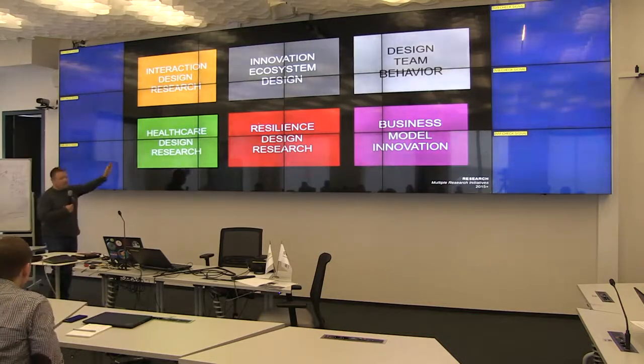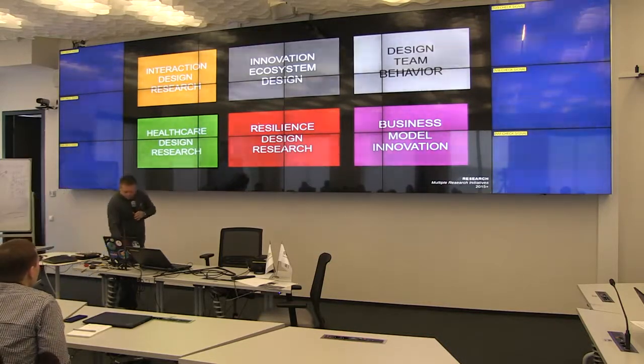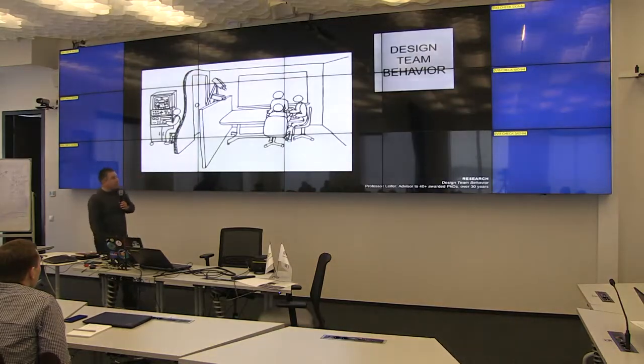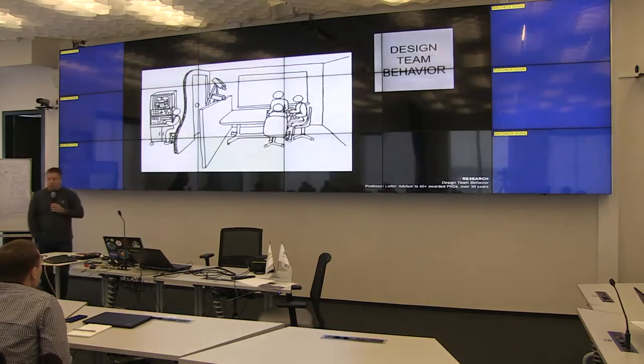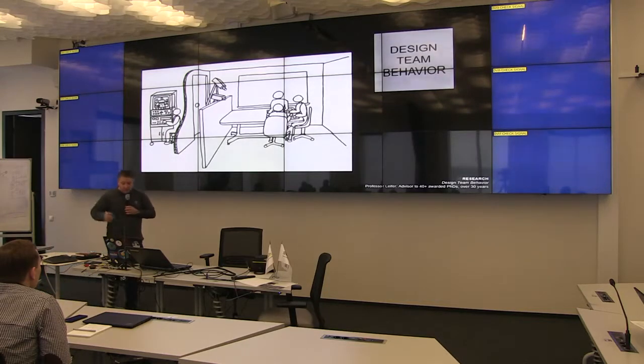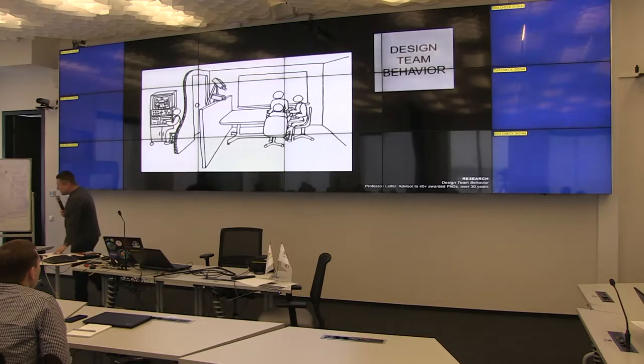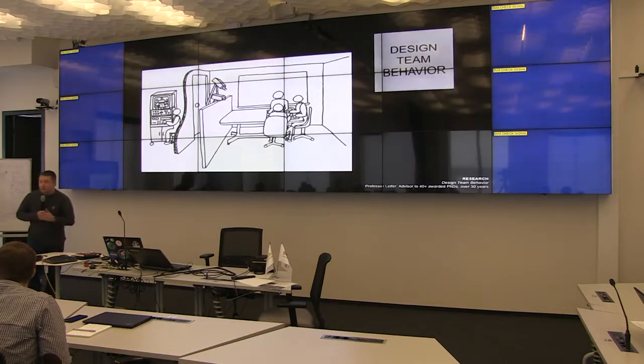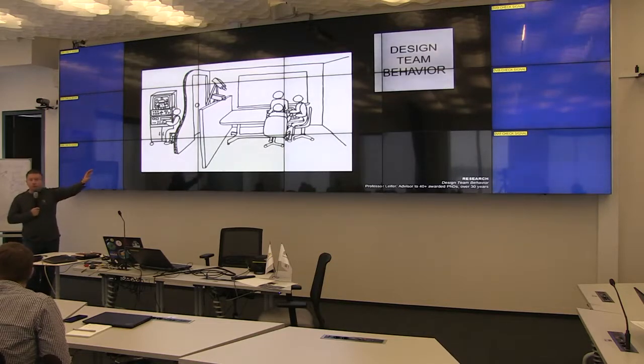But overall, I belong more to the group of design team behavior, where you need to understand how people actually work in innovation areas by observing them. We have a design observation studio with a lot of PhD students, and we run regular experiments observing students working together.